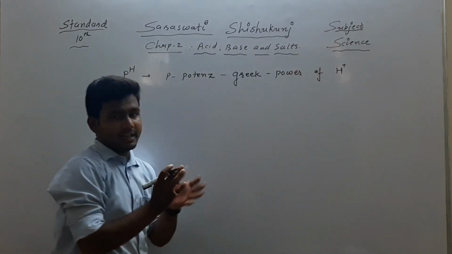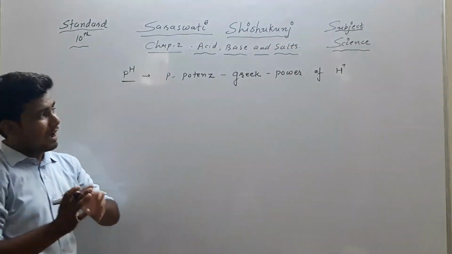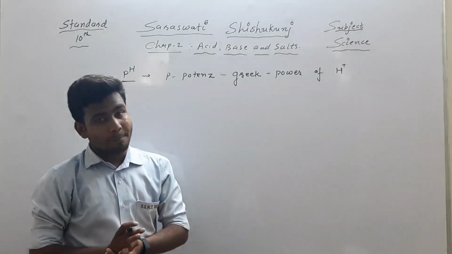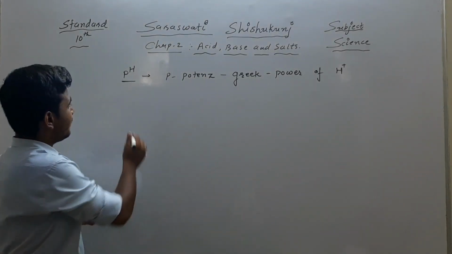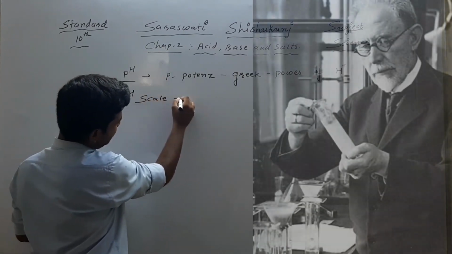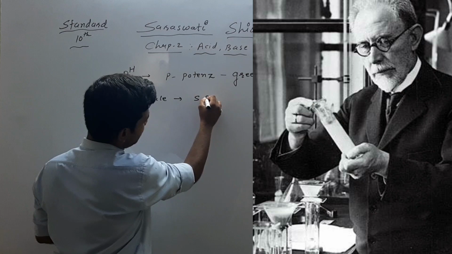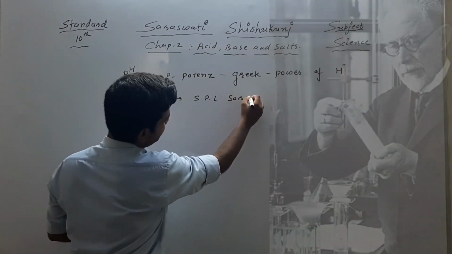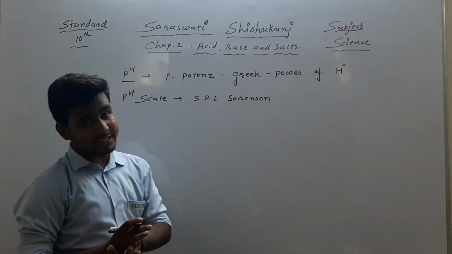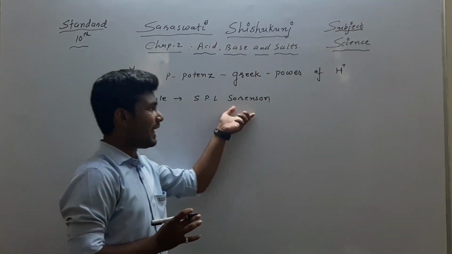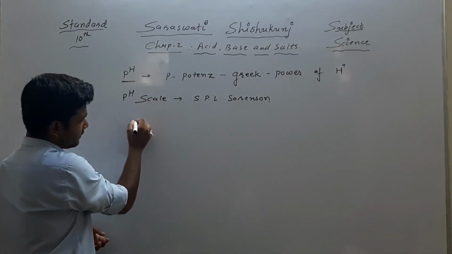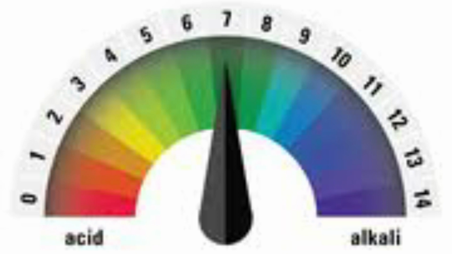So by the pH scale we can have the power of concentration of H plus or of OH minus. This pH scale was first developed by S.P.L. Sorensen in 1909. This pH scale is between 0 to 14.